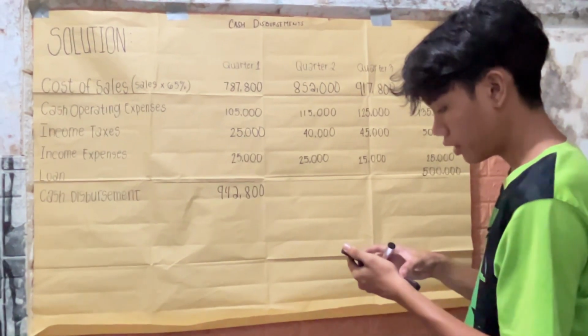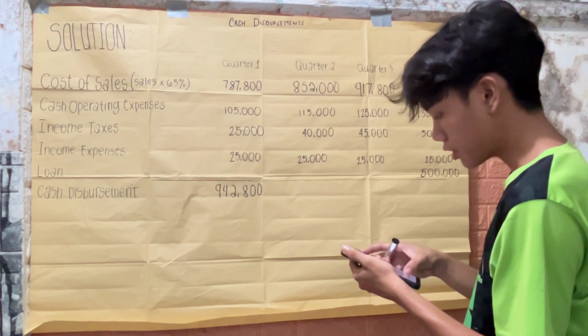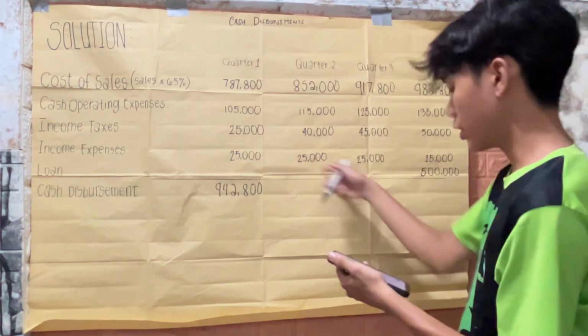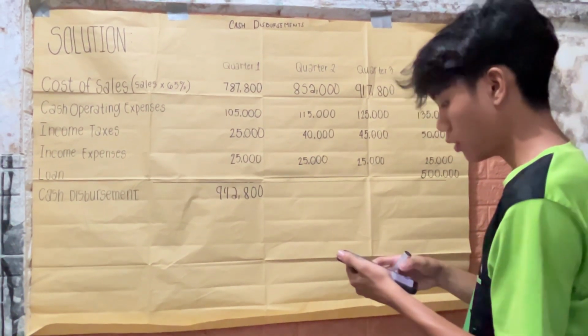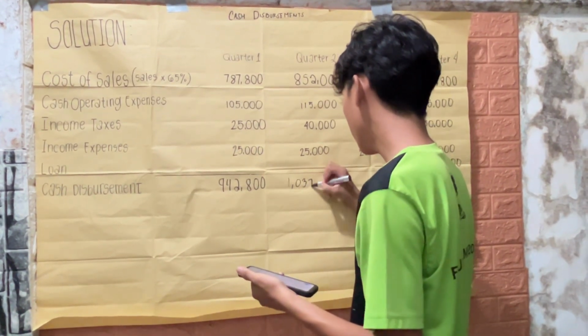And for quarter two, we have 852,000 plus 115,000 plus 40,000 plus 25,000, which amounts to 1,032,000.